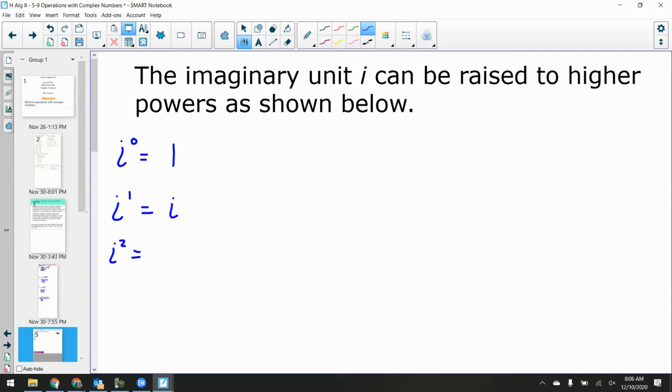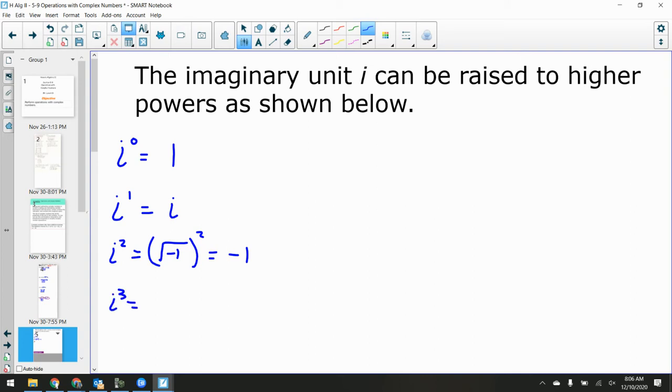What do we define i to be? Square root of negative 1, right? So this is really like saying the square root of negative 1 squared. So what would that be? Negative 1. Because the square takes off the square root symbol. So i squared is actually negative 1. You'll use that a lot.